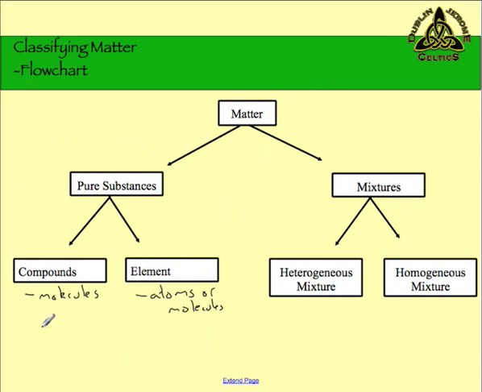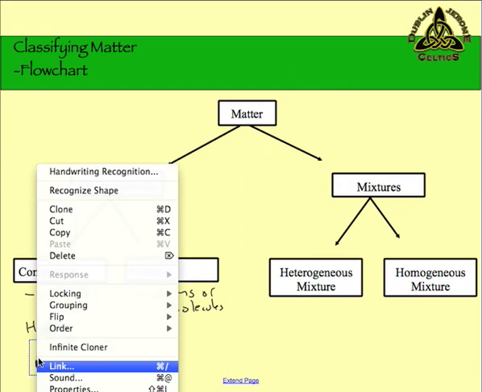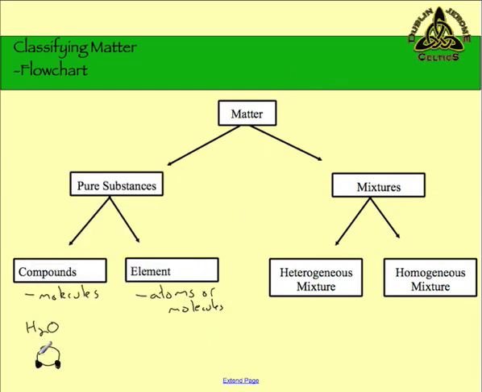So an example of a compound, we said H2O, right? Has two different types of atoms. And if I wanted to draw a picture, you can see that my atoms have different colors, which means they're different substances. So I've got an O and two H's. An element, I can have an atom of chlorine, or I could have a molecule, a diatomic molecule, Cl2.